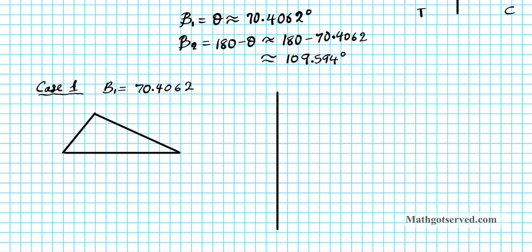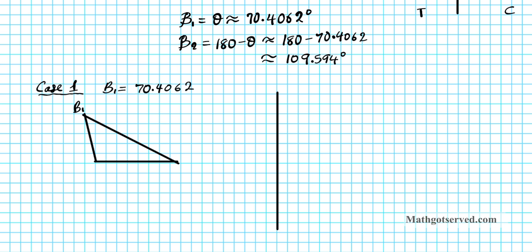So I'm going to draw this triangle again. Angle B in this case is less than 90 degrees, so let's draw it accordingly. So something like this, less than 90 degrees. Whatever variables we find have to have an index of 1.